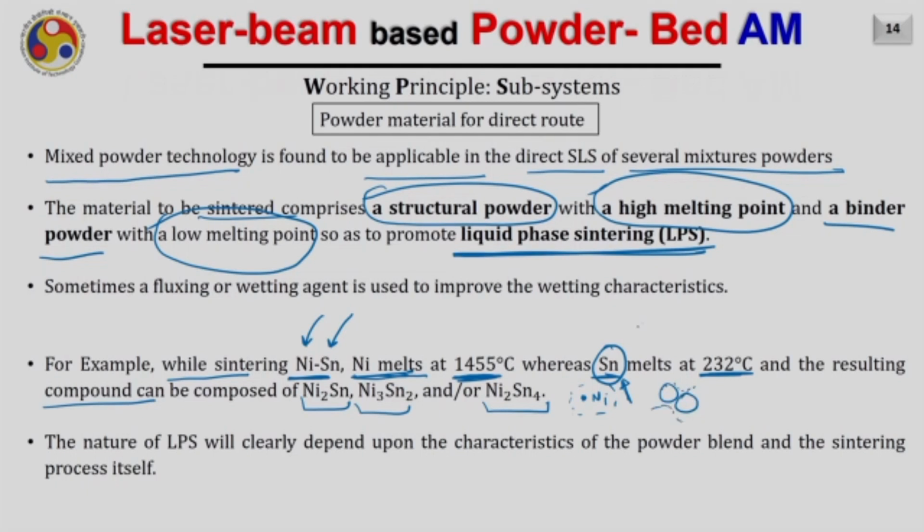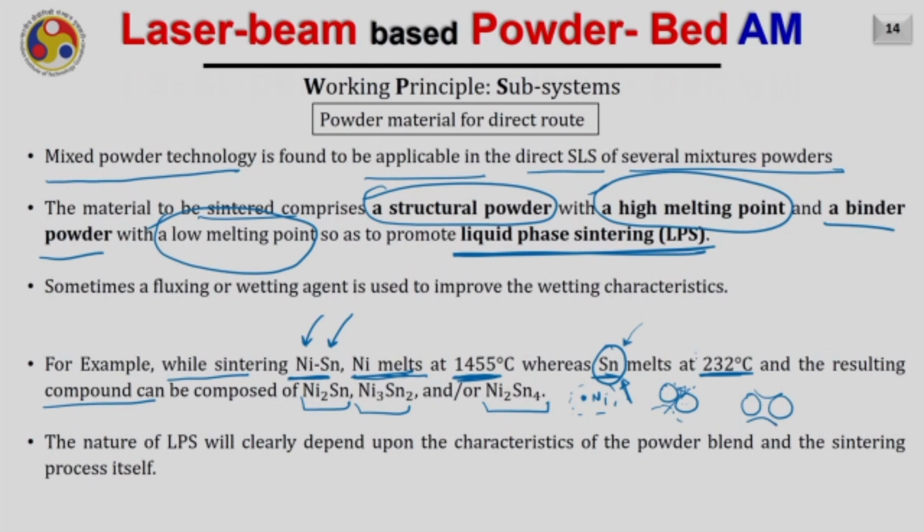As now the Sn is available in completely liquid form, its flowability is of course good, and the wetting of these nickel particles is slightly higher. As a result, the two adjacent nickel particles will be appropriately connected by the liquid form of the tin.